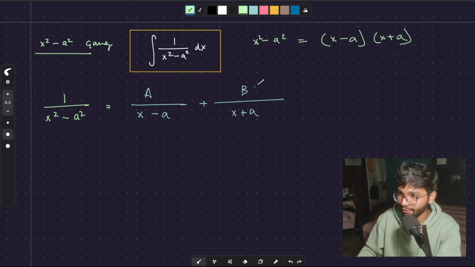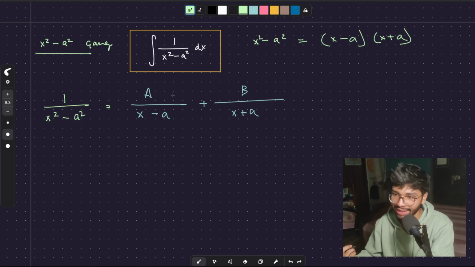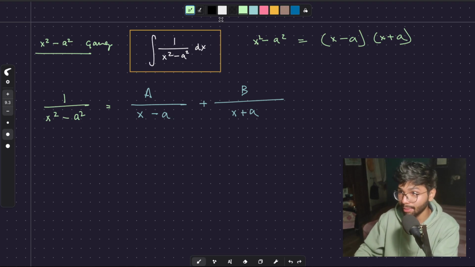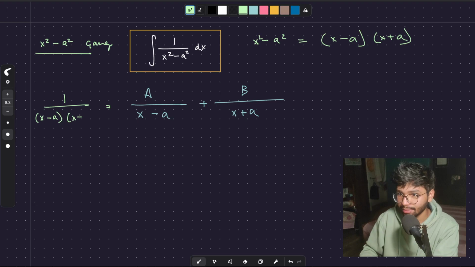So we gotta find A and B now. So how do you do that? Again, there's a pretty neat method called the cover up method, and for that I need to actually rewrite this in this form. So okay, let me do that. x minus a, x plus a.